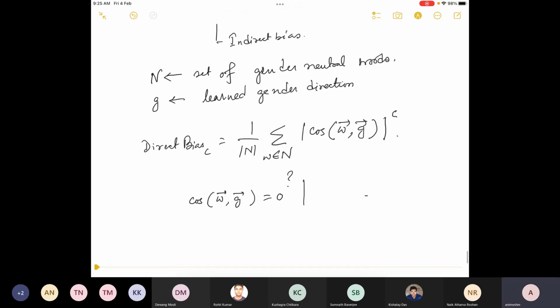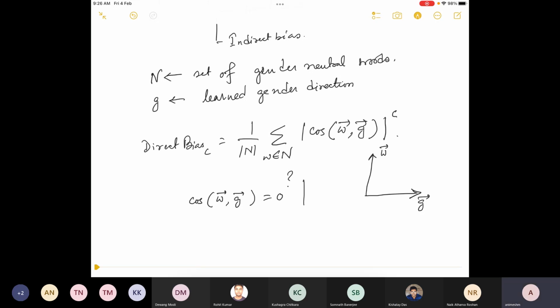Suppose this is my gender direction. Think in vector terms. How will W look? If cos WG is 0, orthogonal.